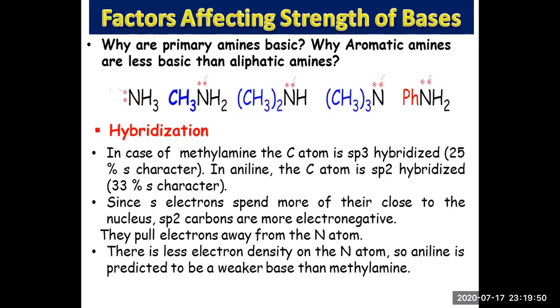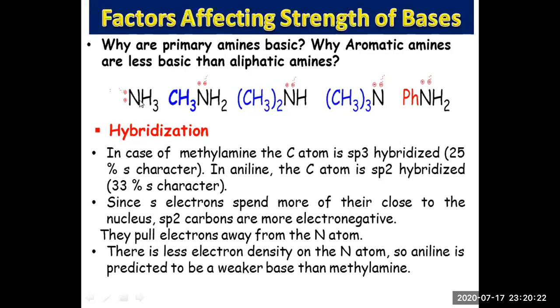So generally, organic bases are the derivatives of ammonia, and they may be classified as aliphatic as well as aromatic amines. On the basis of the number of hydrogen atoms in ammonia replaced by alkyl group, we can classify amines as primary amines, secondary amines, tertiary amines, and this is aromatic amine, that is aniline.